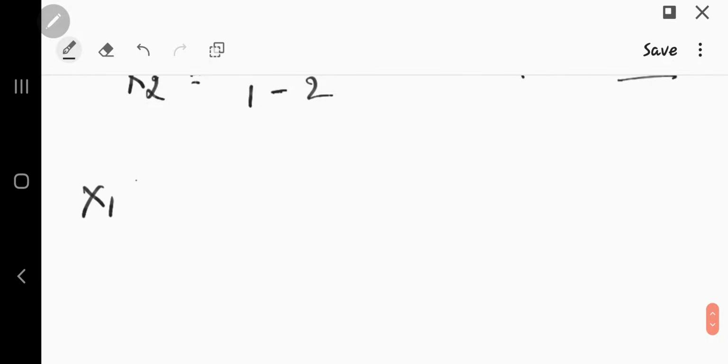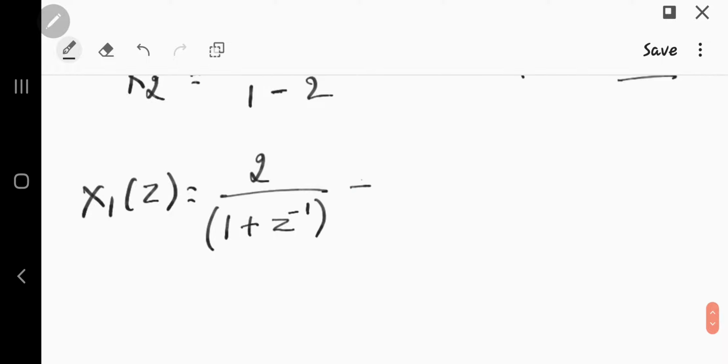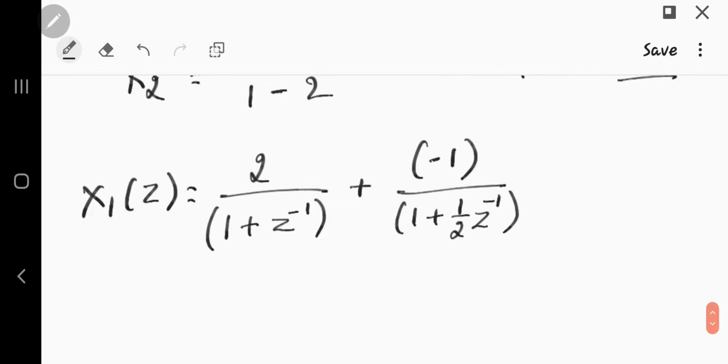Now x1 of z is equal to 2 divided by 1 plus z inverse, since the k1 value is 2, plus k2, which is minus 1, divided by 1 plus 1 by 2 z inverse.